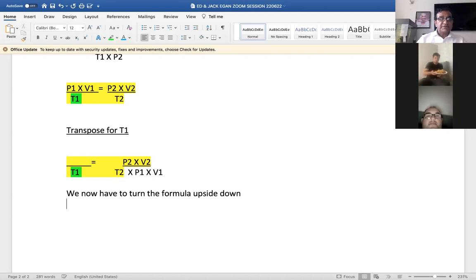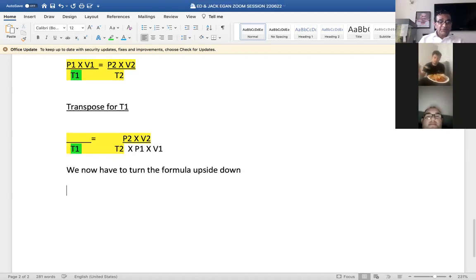So what we're saying is we will have T1 equals, so that's the line now. You see what we've done is the line now is underneath. So that's T1.